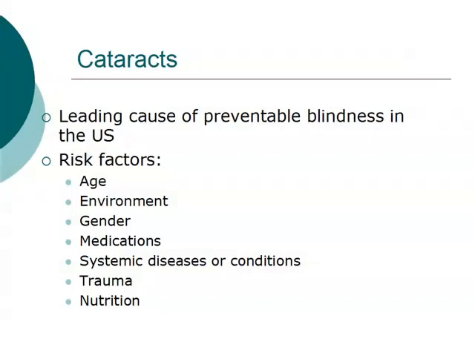Gender-wise, it is more common in women. Medications such as corticosteroids also increase the risk. Many systemic diseases such as diabetes, multiple trauma to the eye, and nutritional deficiencies also put patients at higher risk.